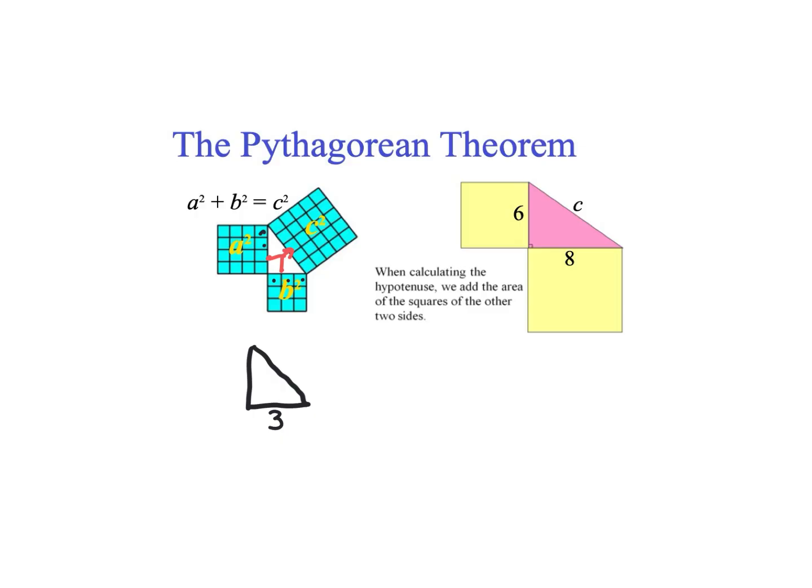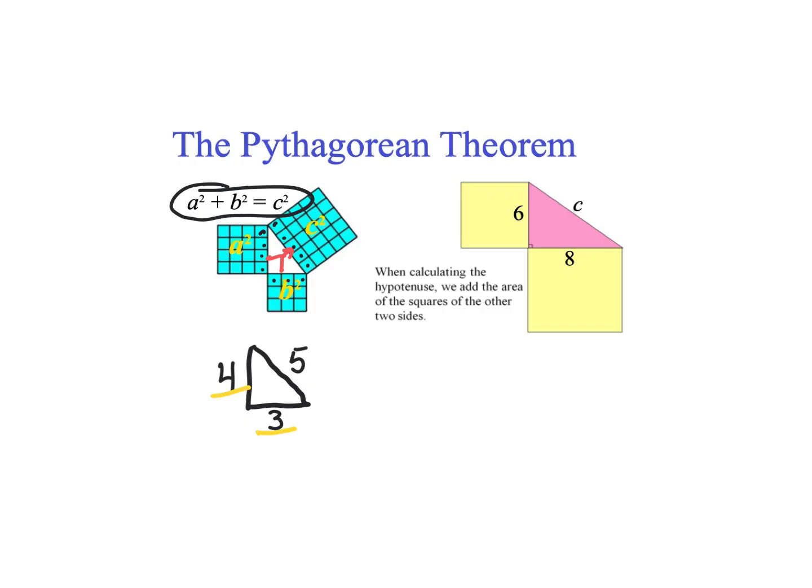This length is 4, and this length is 5. So how does this formula work for us? That's what we're going to work out. How would we use 4 and 3 to get 5?